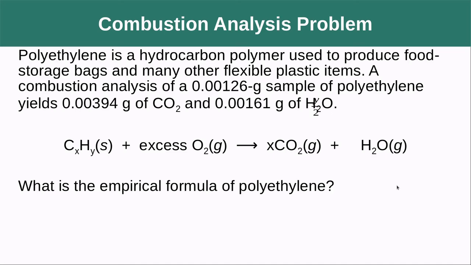Polyethylene is a hydrocarbon polymer used to produce food storage bags and many other flexible plastic items. A combustion analysis of a 0.00126 gram sample of polyethylene yields 0.00394 grams of CO2 and 0.00161 grams of water.